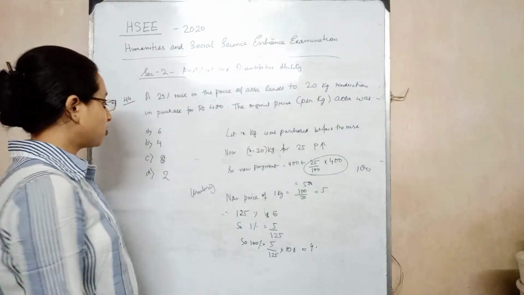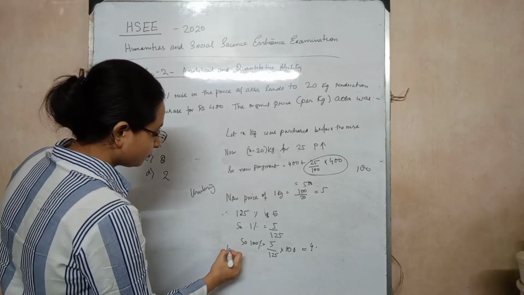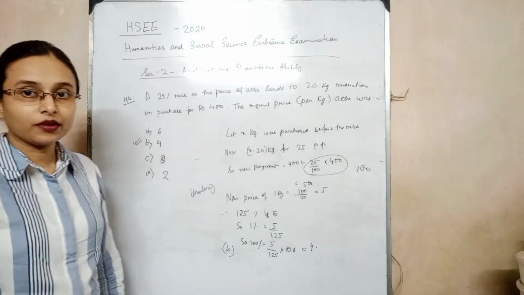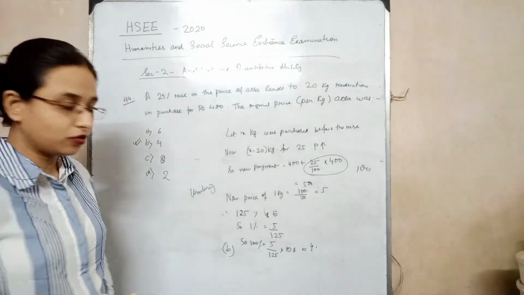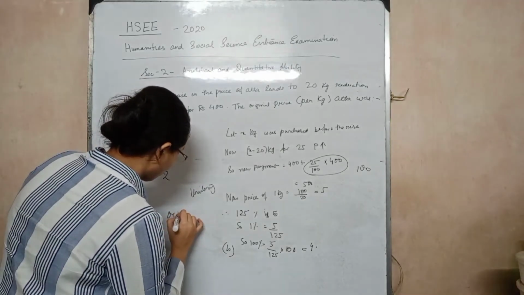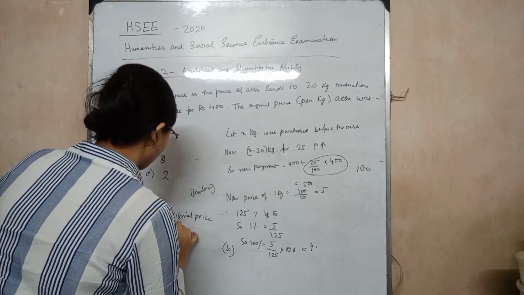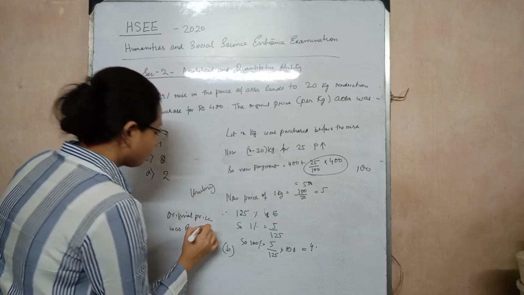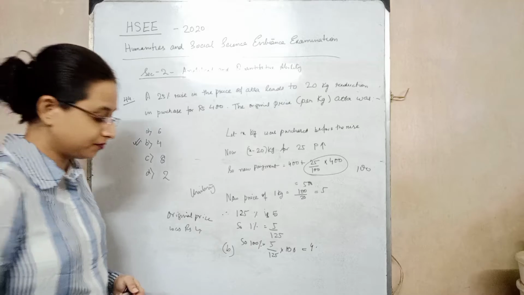So the correct option is B, which is 4. So the original price was rupees 4. Moving on to the next question, 45.